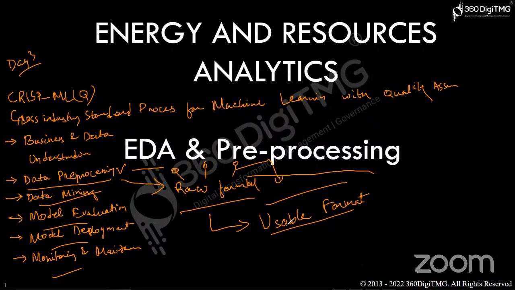This process is not just the conversion; we also see the properties of data. When we see the properties of data, it is known as exploratory data analysis. We are analyzing the data, we are exploring the data.